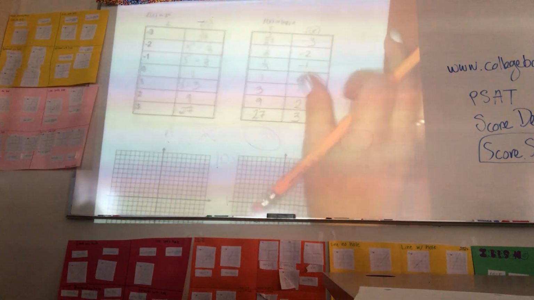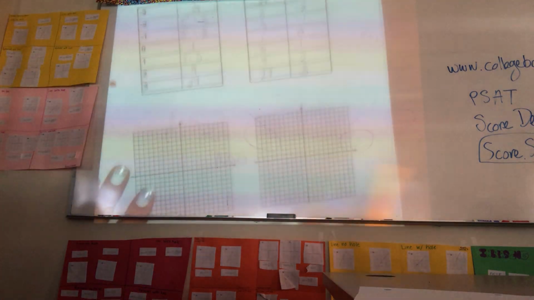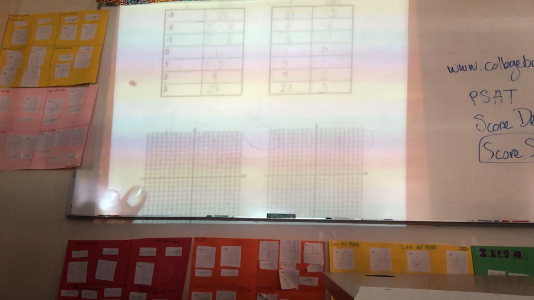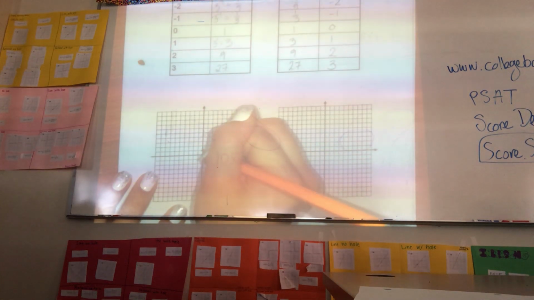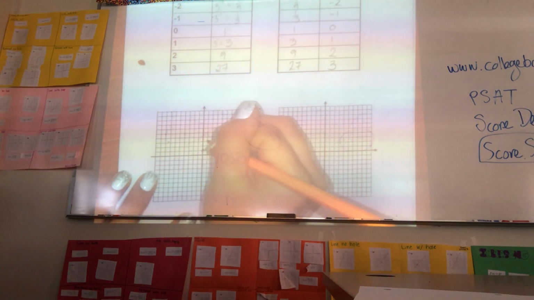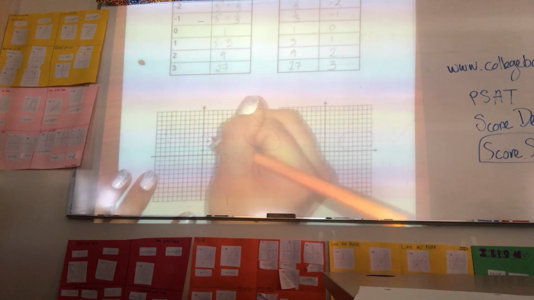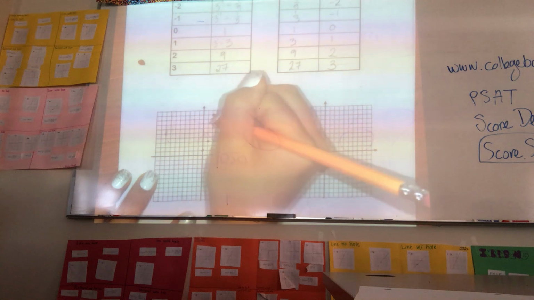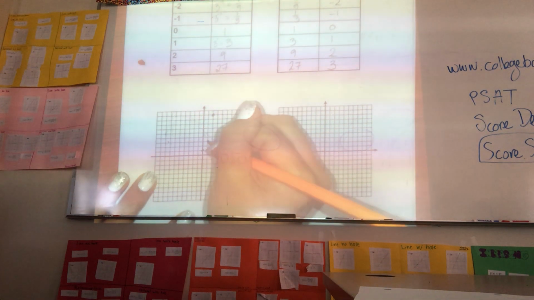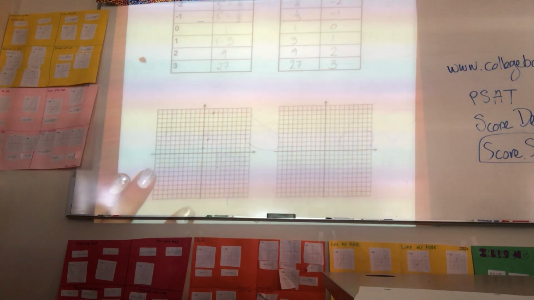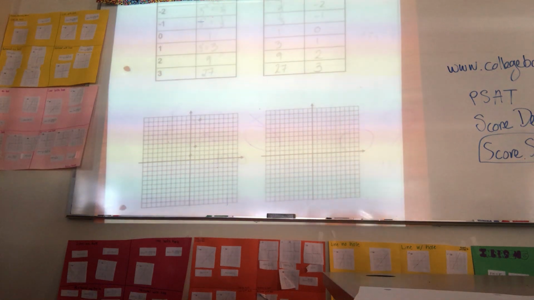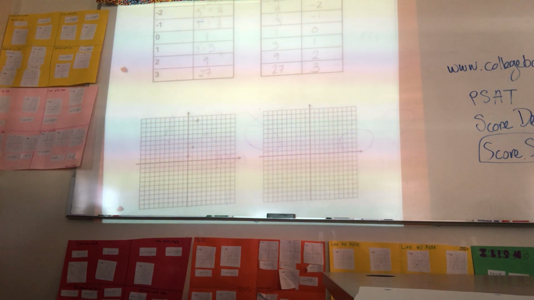You ready to graph them? Okay, 3 to the x. 0, 1 is a point. Boink. 1, 3. 2, 9. Before I graph the rest of the points, I'm going to actually graph these both at the same time because I really want to hammer in the relationships between them.